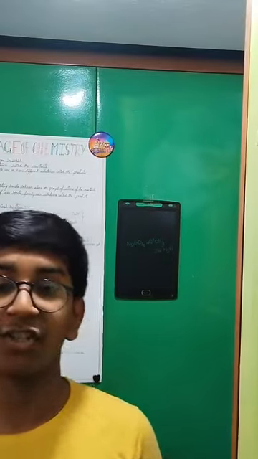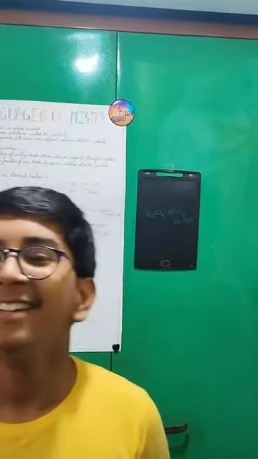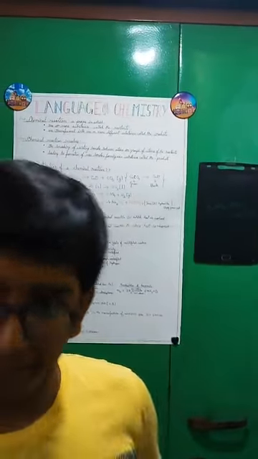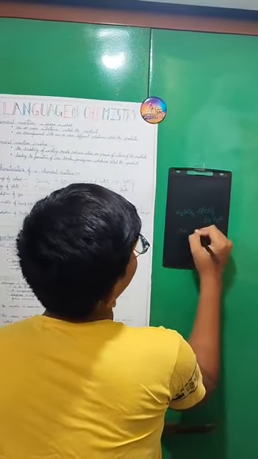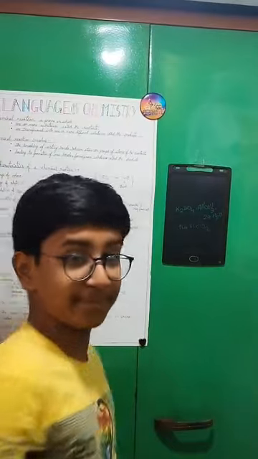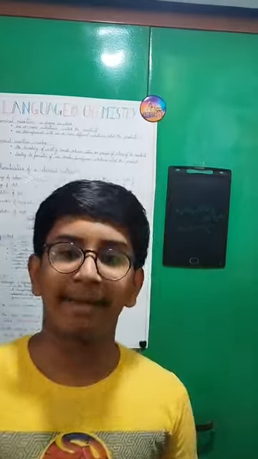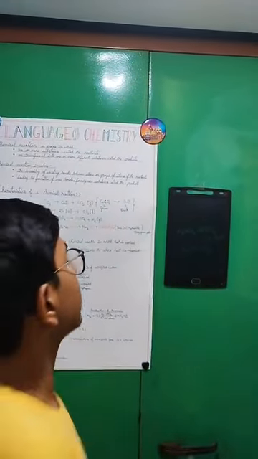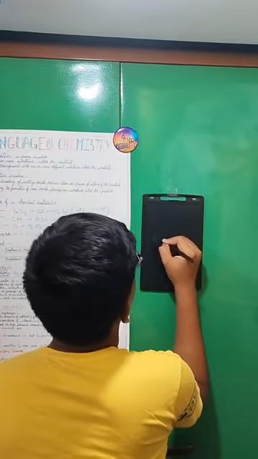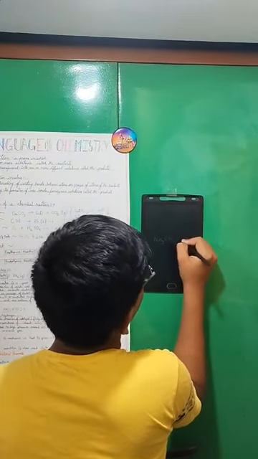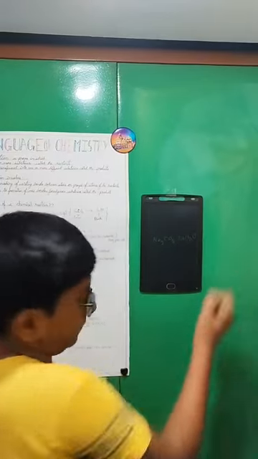This is potash alum. This is the longest formula I have ever told you. Now sodium bicarbonate or baking soda, NaHCO3. This is also a salt. Then washing soda, Na2CO3.10H2O.